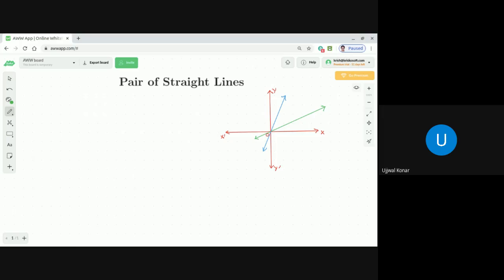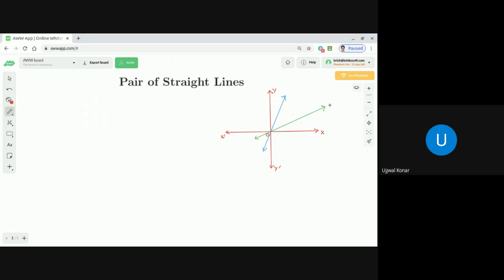Now dear students, what is the general equation of a straight line passing through origin? It is generally y equal to mx, where m is the slope of that straight line.